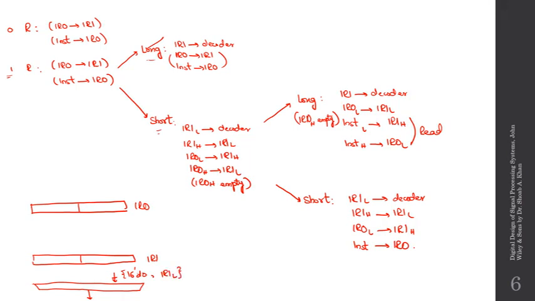In case of a short instruction, we are only passing on IR1L. So in that case, only 16 bits of IR1 will be passed, and the remaining 16 shall be 0. Whereas in case a long instruction is being processed, the whole content of IR1 will be forwarded.